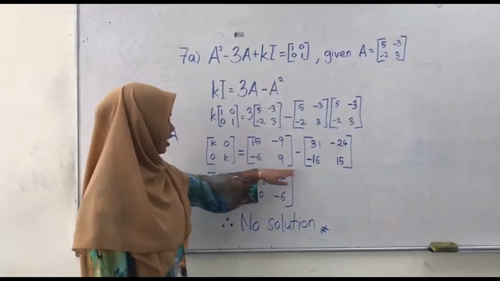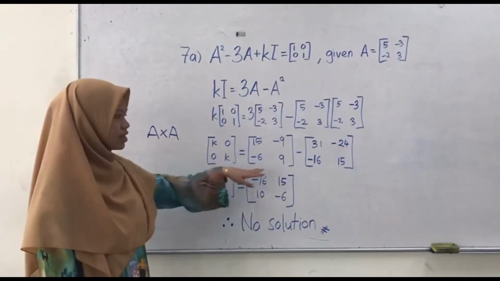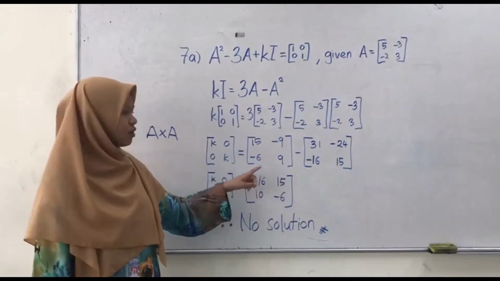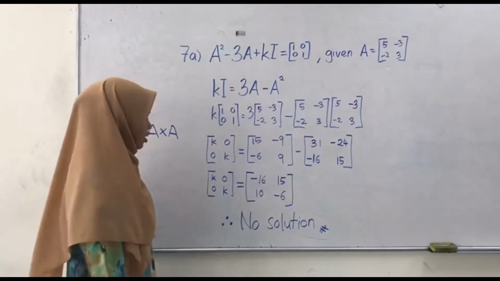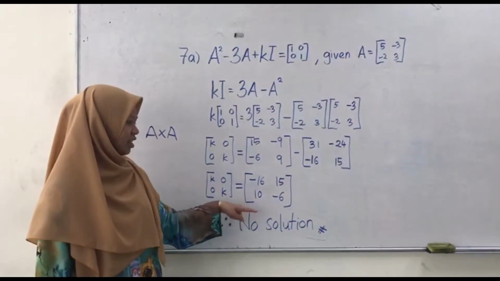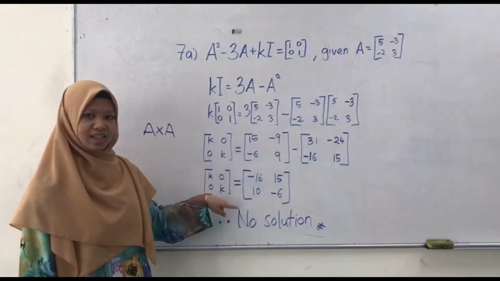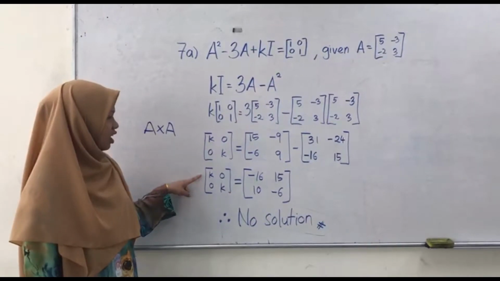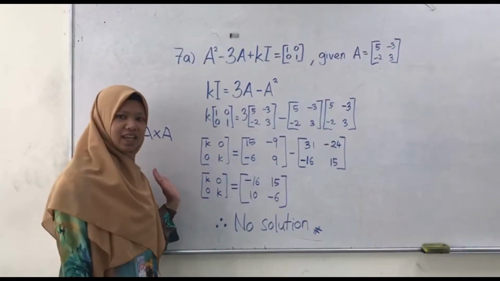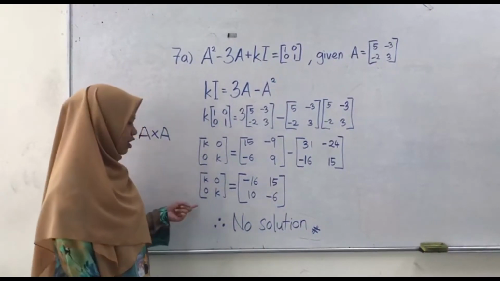So this is what we get after we multiply both sides. Then we subtract both of the products. So this is what we get. And for the last answer, we can see that the left hand side is not equal to the right hand side, so there is no solution.